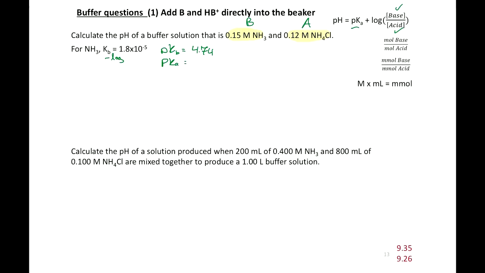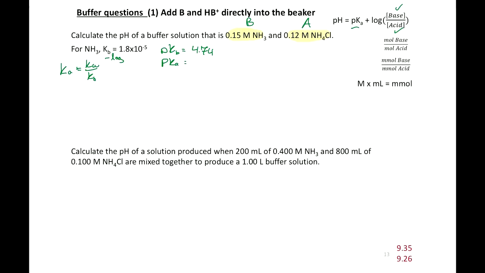There's a couple ways you can do this. You can say Ka equals Kw over Kb. We know what Kw is, again assuming this is at 25 degrees Celsius. So 1e negative 14 divided by 1.8e negative 5.